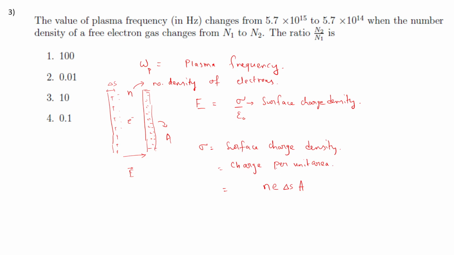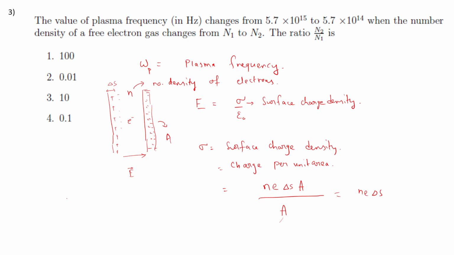this is the charge spread along this area, and now I want to find it per unit area. So this area will cancel this area, and what we have is n e delta S. This is sigma, the surface charge density.